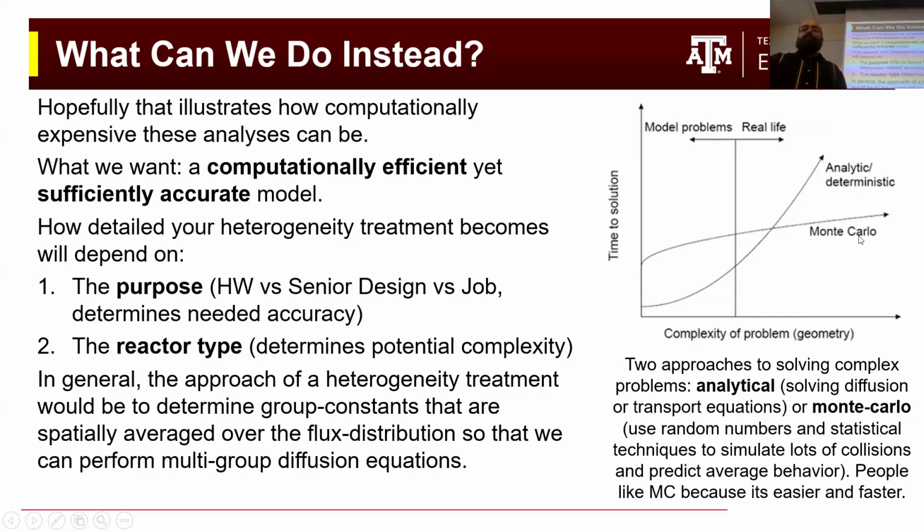That's why people like Monte Carlo style tools, because they allow you to more efficiently solve very complex problems. So whenever you hear people talking about using MCNP to do reactor design, this is why: those Monte Carlo style approaches end up being more time efficient than doing a detailed diffusion calculation on every part of my reactor.